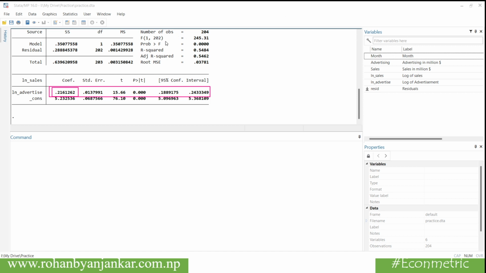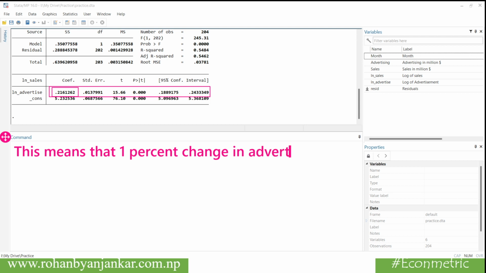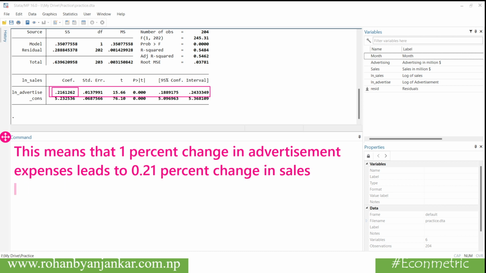This means that 1% change in advertisement expenses leads to 0.21% change in sales revenue.